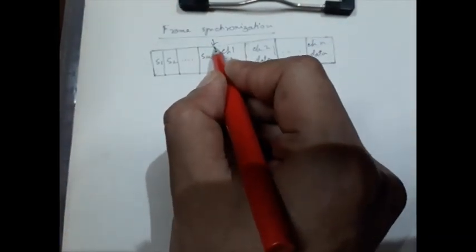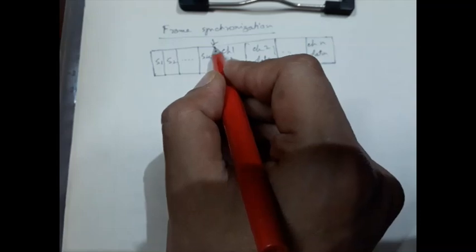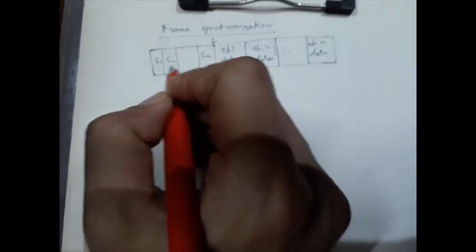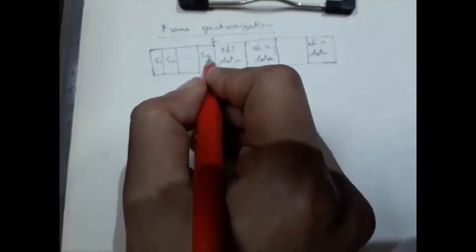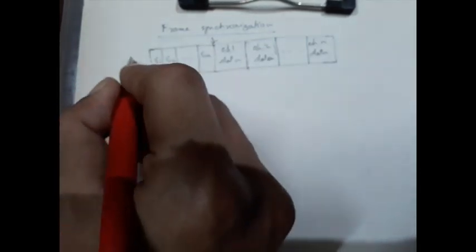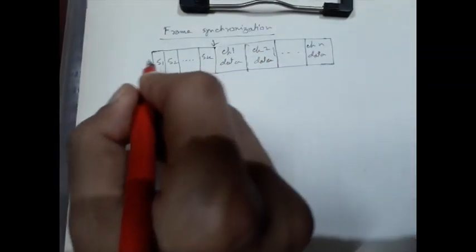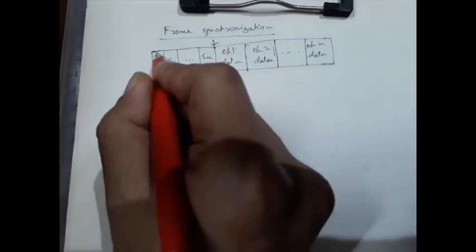So at the start of each block of data, we will add another set of data of k bits. Whatever may be the chunk of data, we have to add this bit stream in front of channel 1 data.